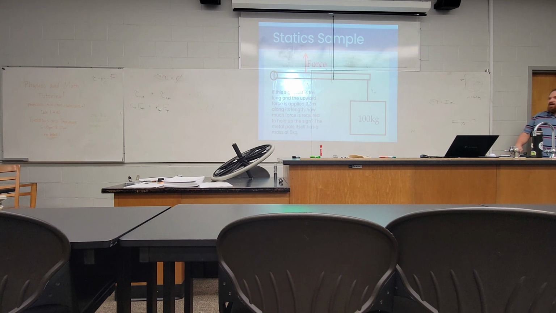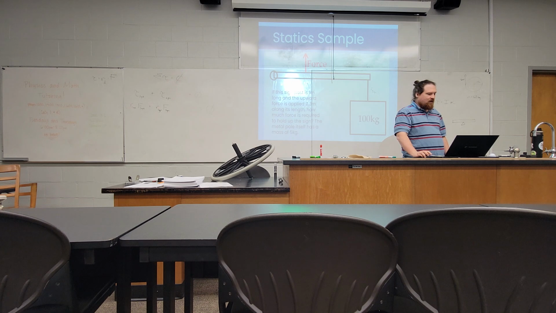The reason that we have to consider it here, but not there, has to do with where the fulcrum is. In that example, the fulcrum is directly supporting the object's center of mass.